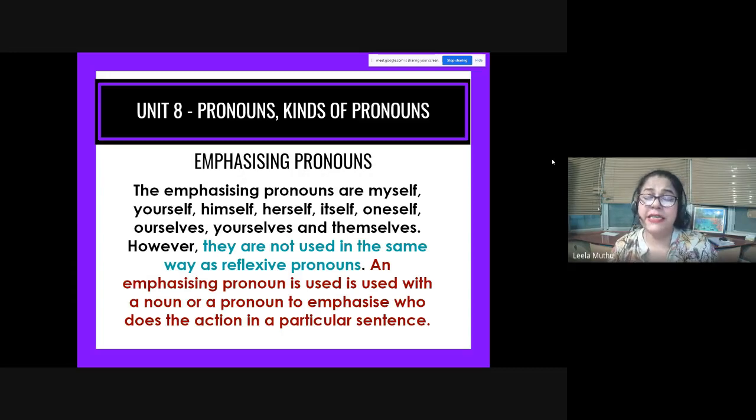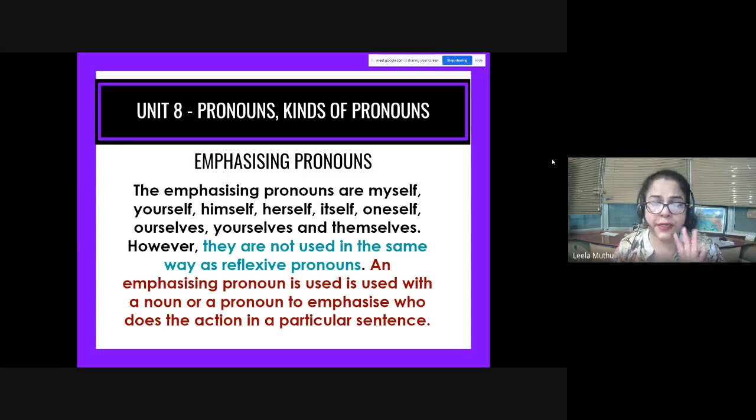These pronouns are also used, but you mustn't confuse them with reflexive pronouns. Now, a reflexive pronoun, you must remember, is an action which is done to the subject. They do the action, like I wash myself in the morning. I wash whom? Myself. So myself is the object in the sentence. It shows an action which is being done to me by myself.